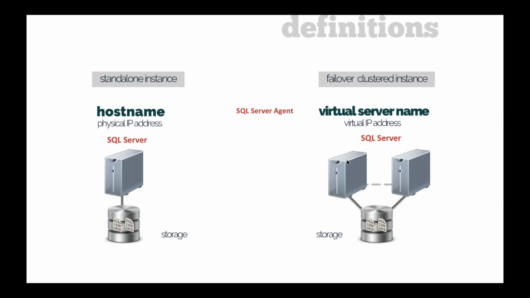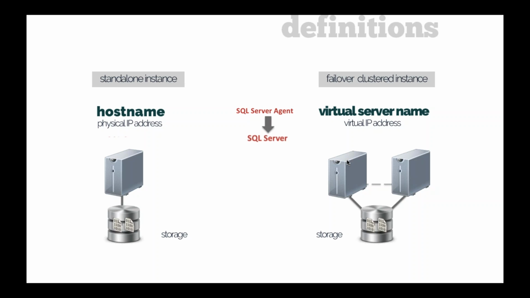Well, we use the SQL Server agent a lot to perform some of the automated tasks that we need to do. Part of that is understanding that even on a standalone instance, I won't be able to start the SQL Server agent service unless the SQL Server service is started. Therefore, we could say that the SQL Server agent is dependent on the SQL Server service.